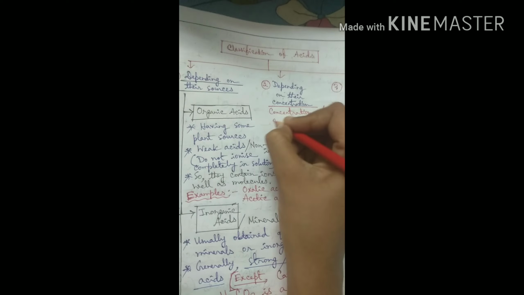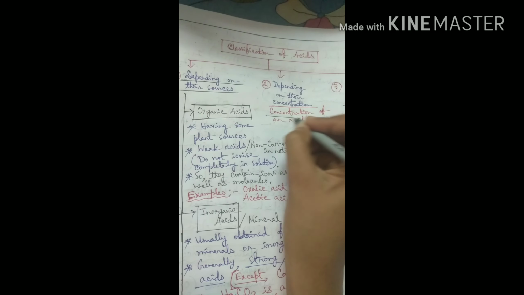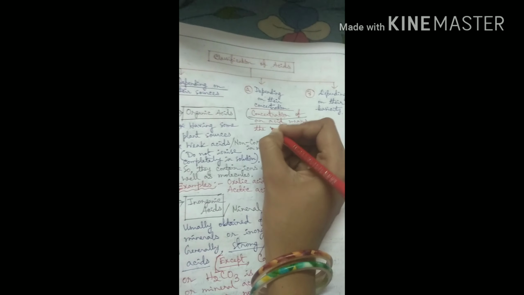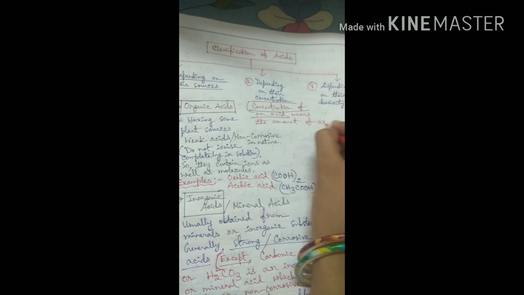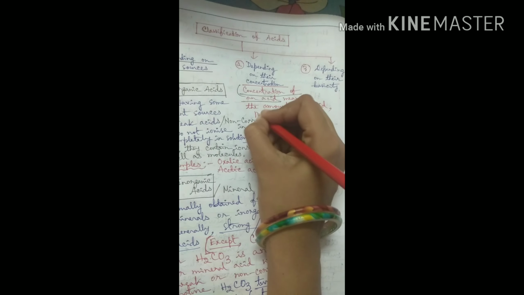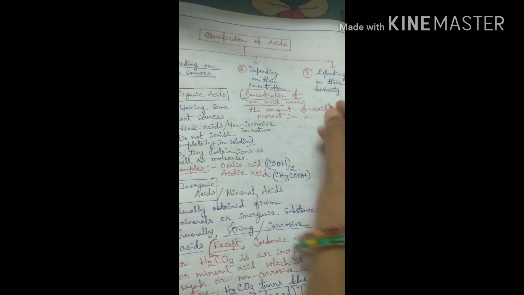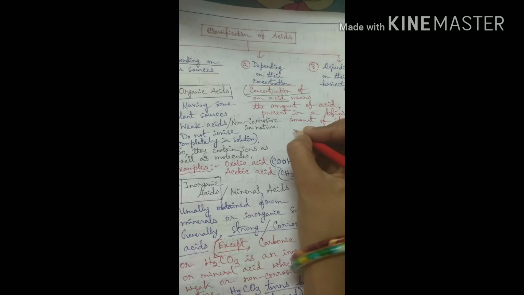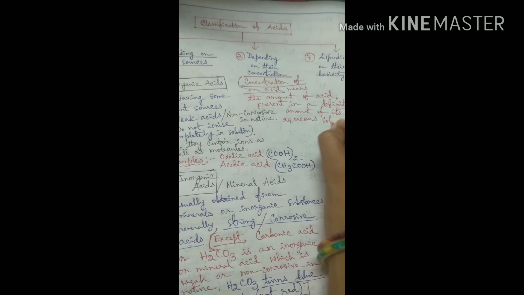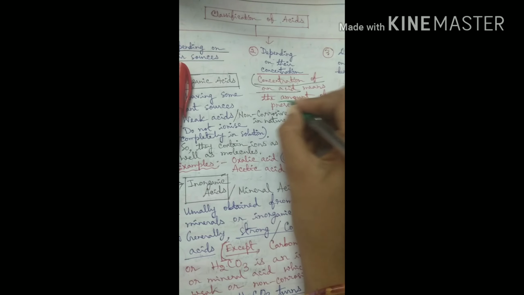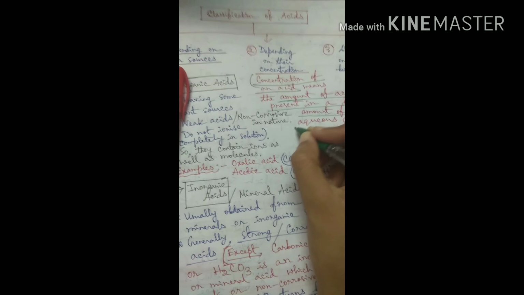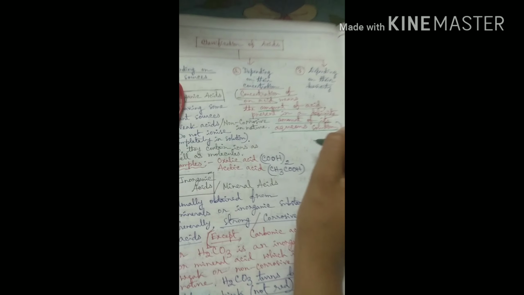Concentration of an acid means the amount or quantity of acid present in a definite amount or quantity of its aqueous solution. That means solution in water.